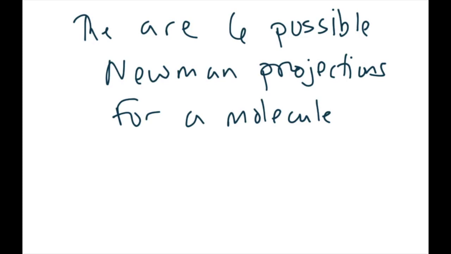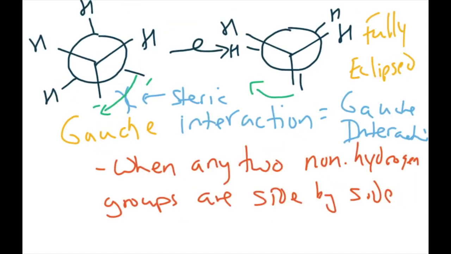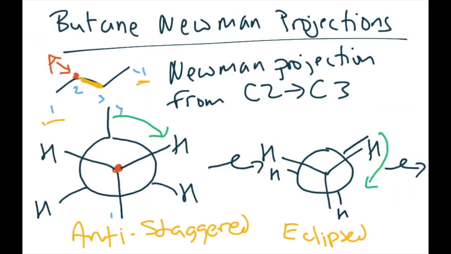Just draw all 6. The most important thing for Newman projections for you to get right is the first step, right? If you're good at translating your skeletal structure into your Newman projection, you shouldn't then mess up any of the other Newman projections, because you're just working your way around.